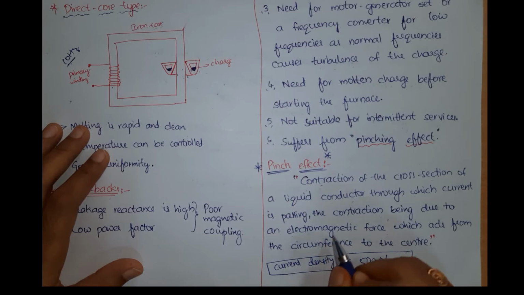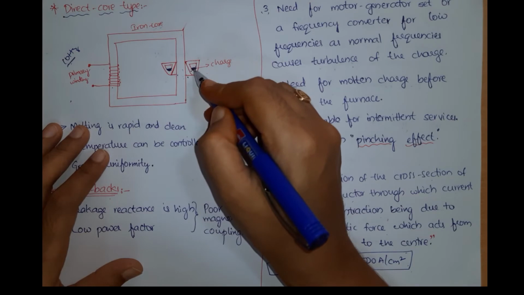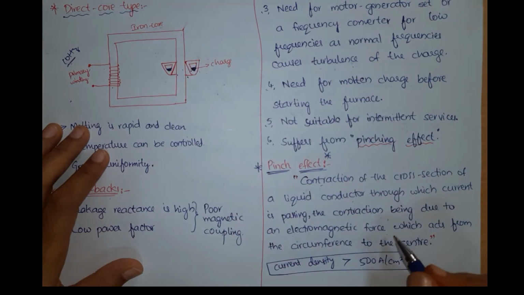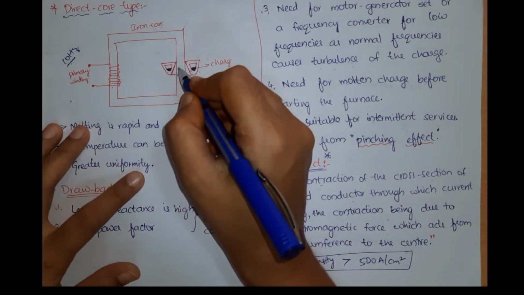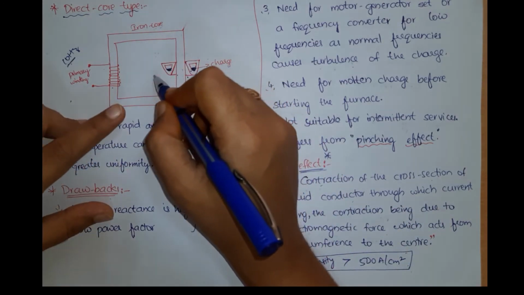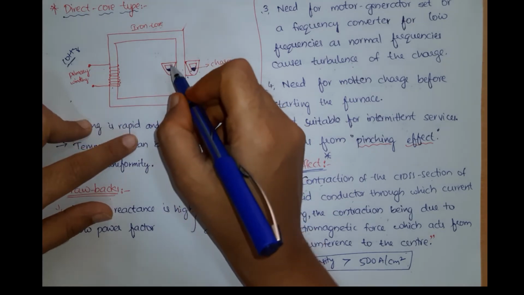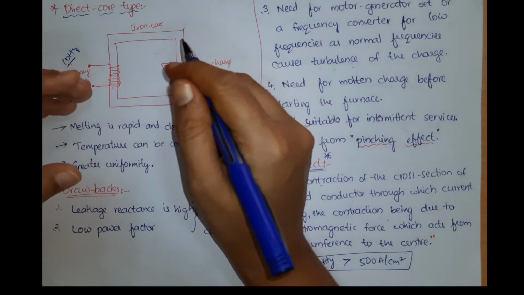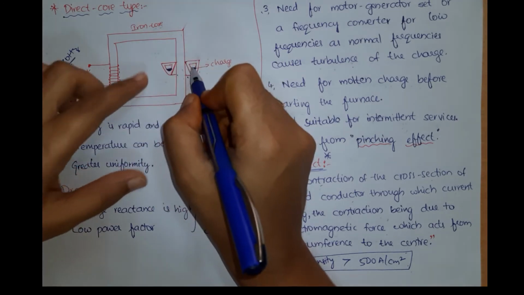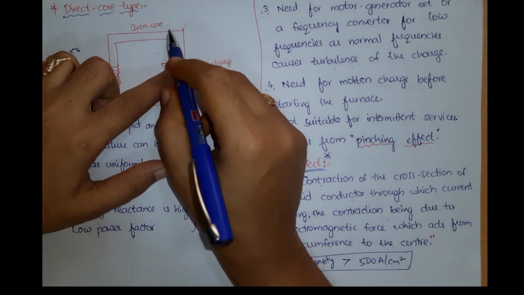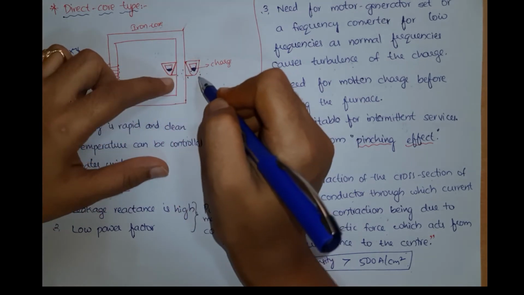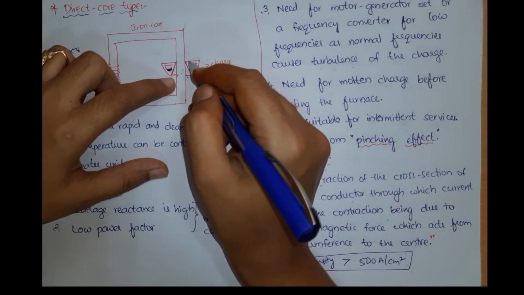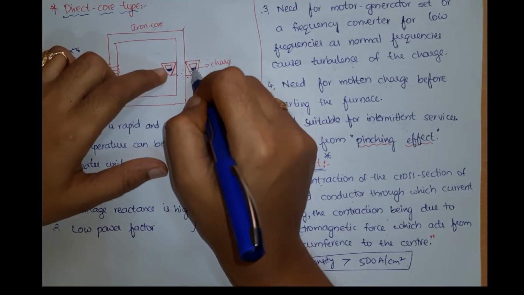Then the current flowing around the metal or around the liquid interacts with the alternating magnetic field and exerts some forces on the cross section of the metal, which may squeeze to the extent that a complete interruption of the secondary circuit takes place, right? So the contraction may be such that there is no connection between this iron core and the charge. That means the current cannot pass through this iron core to this charge. So to that extent, these electromagnetic forces may be acting upon this molten material.